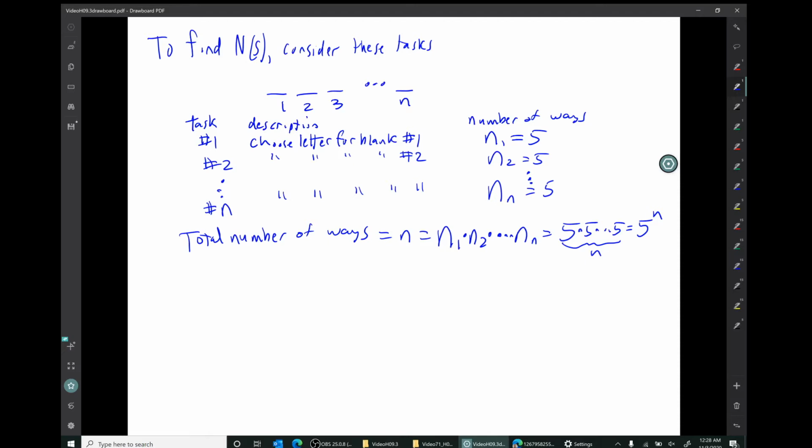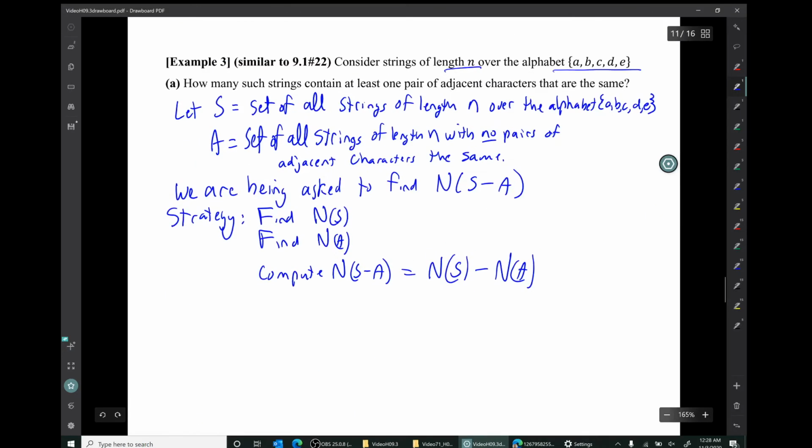Now, set S is a set of all strings of length n. We have any kind of repetition allowed there. Now we need to count set A. Remember, the set A is the set of strings that have no pairs of adjacent characters the same. So we'll do that on a page below.